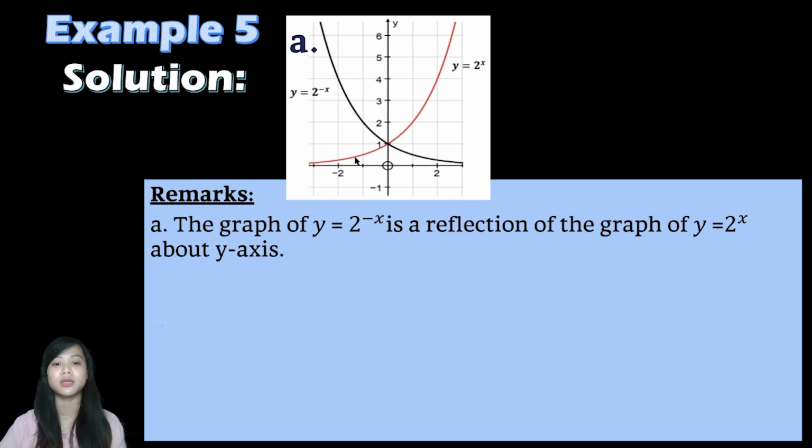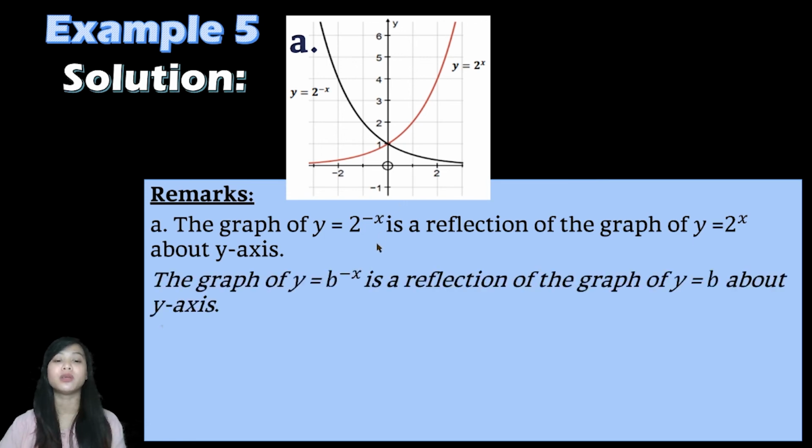As you can see, this one is just a reflection of this one about the y-axis. So a mirror image or a mirror curve. This means that the graph of b raised to negative x is a reflection of the graph of y equals b raised to x about the y-axis.